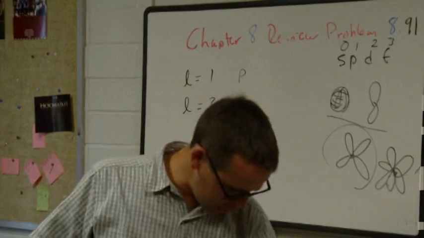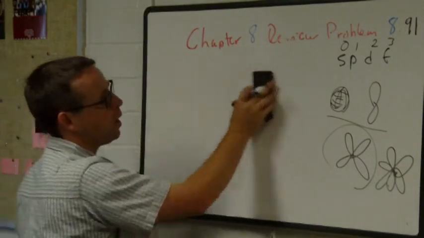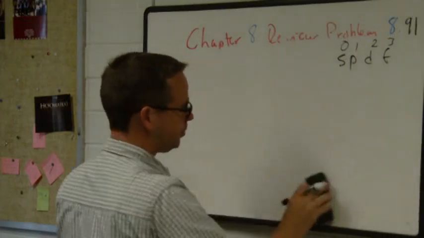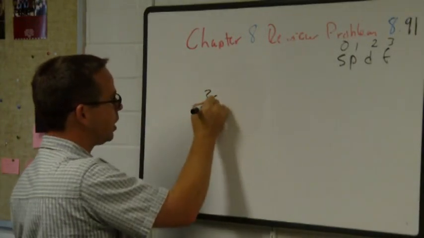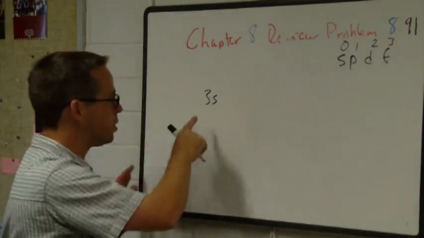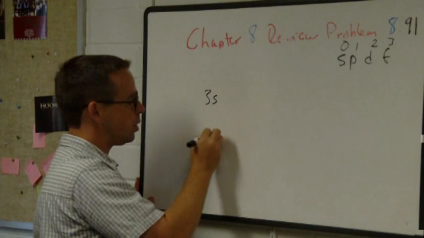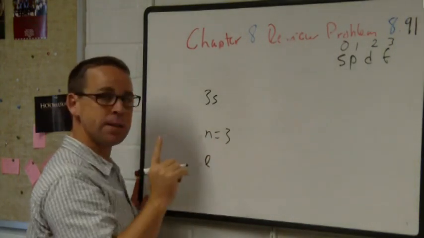893. What are the values of N and L for the following subshell? 3S. Well, the N value is always represented by the first value, so N here equals 3. And when N equals 3, L has a choice.